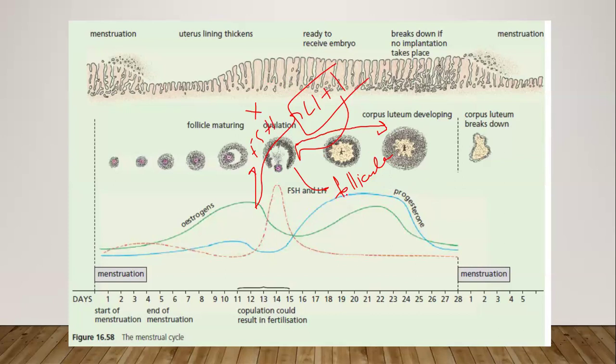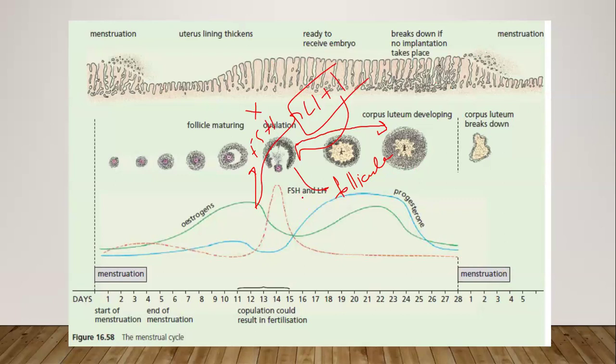Once the egg cell has been removed, the corpus luteum is also going to break down. The amount of progesterone in the body is going to fall. And as a result, the body is going to go towards menstruation, in which the uterine lining is going to be broken down, right? And then the cycle will start all over again.